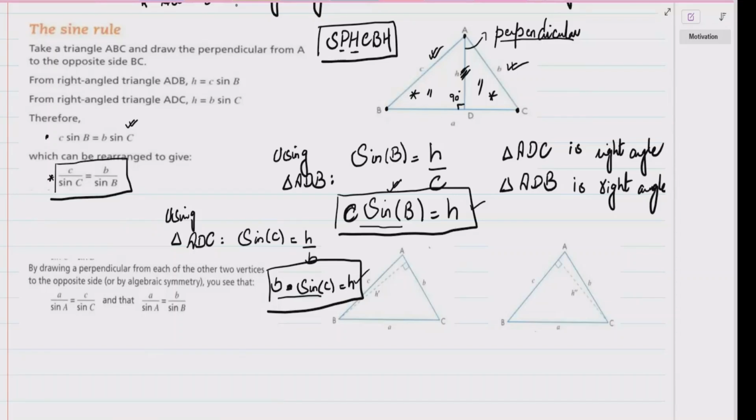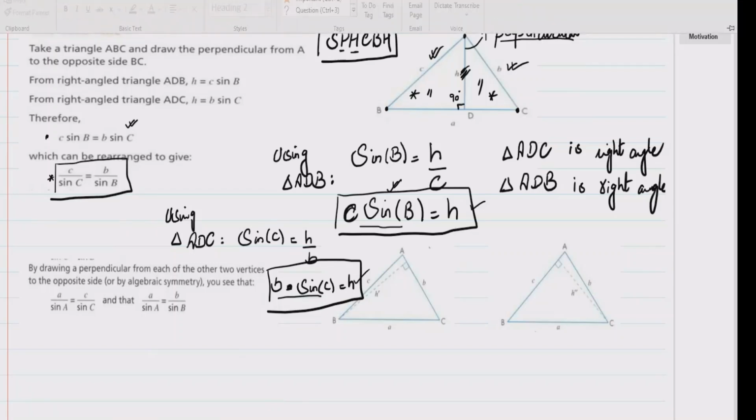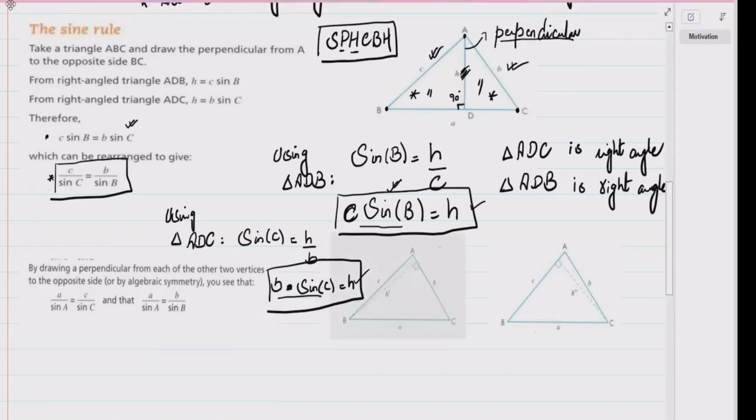So this is actually one part of the sine rule. The sine rule has two other parts as well. So what are these parts? First of all, likewise, we draw the perpendicular in this triangle, from A to the side BC.